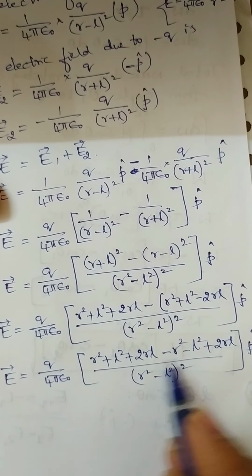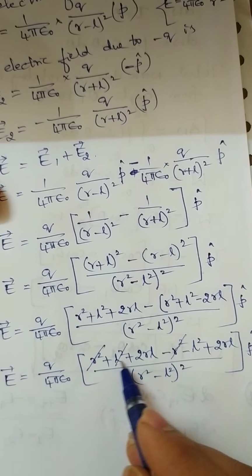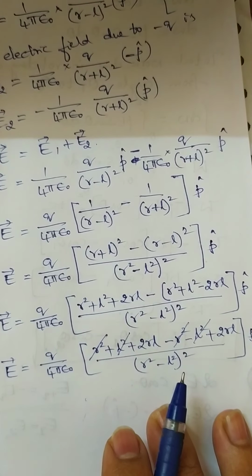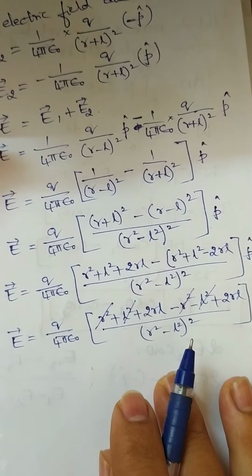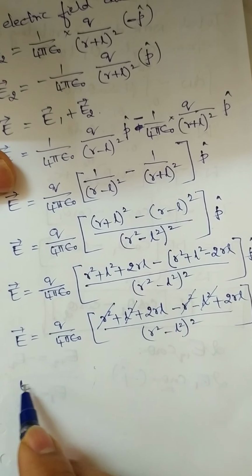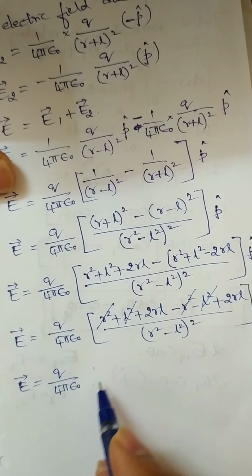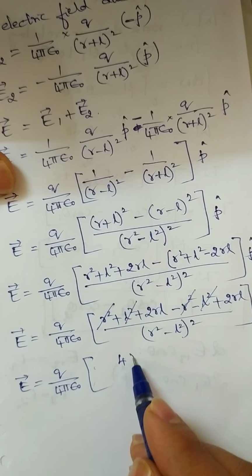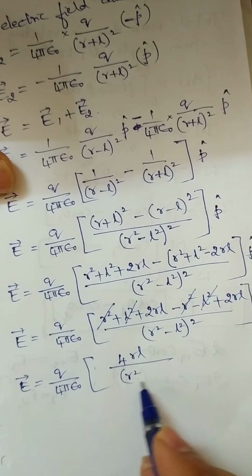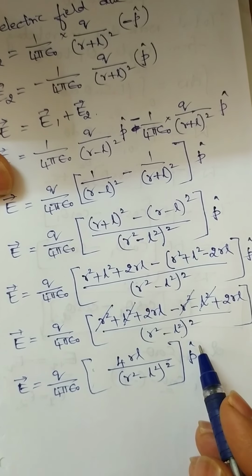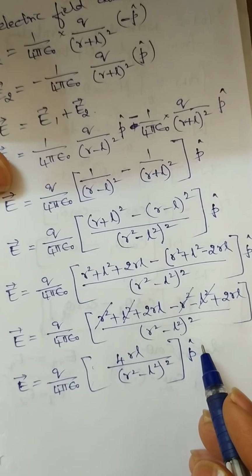Okay, so you can cancel r square and l square. The left out thing comes out to be vector E is equal to q divided by 4 pi epsilon naught into 4rl divided by (r square minus l square) whole square, into p cap. Okay, so this is the final expression.